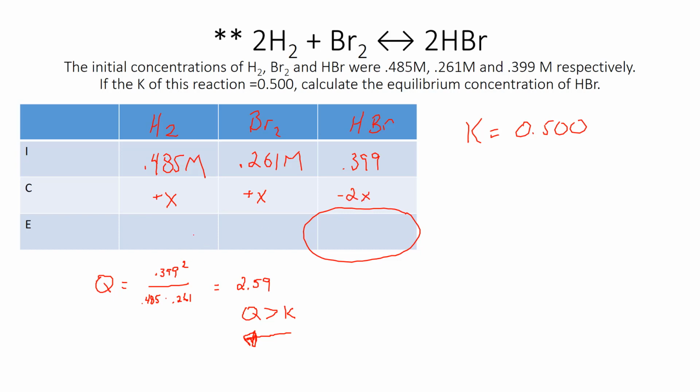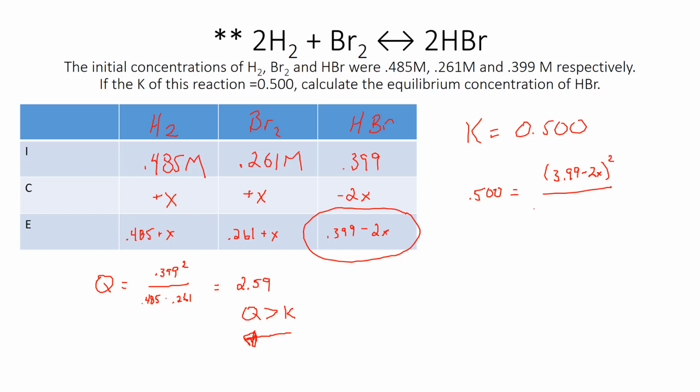Okay. Now, as we continue our thought process here, we're going to get 0.485 plus x, and we're going to get 0.261 plus x. We'll get 0.399 minus 2x. As we plug into our KEQ, one of the things that we're going to realize is that this problem is going to be complex.